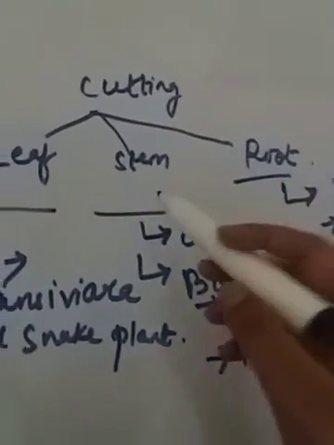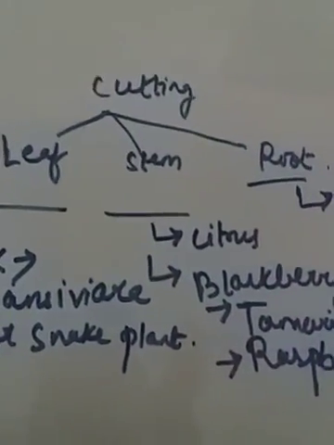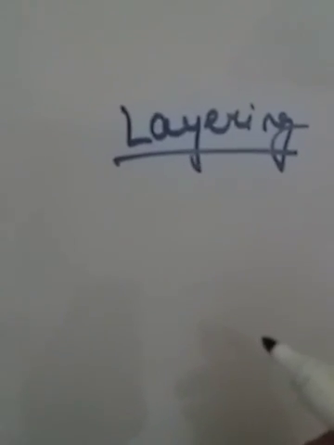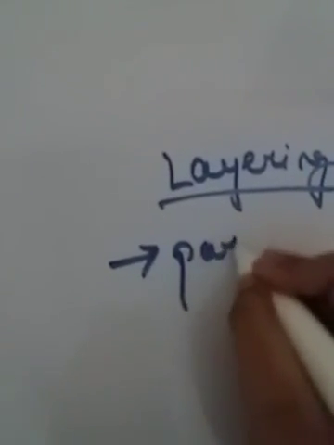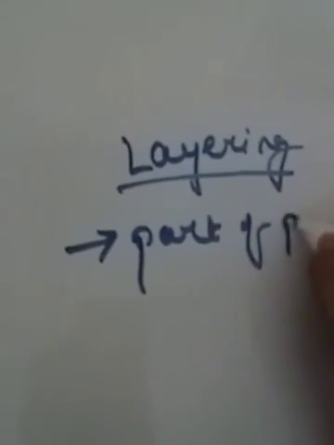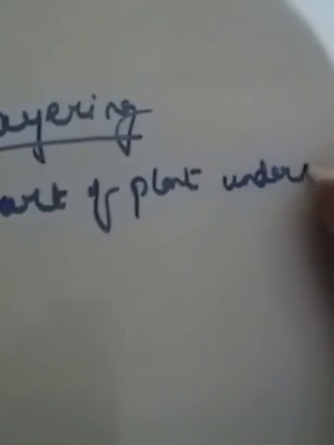Now we'll shift over to the layering part. What is layering? It is the part of the plant covered by soil.